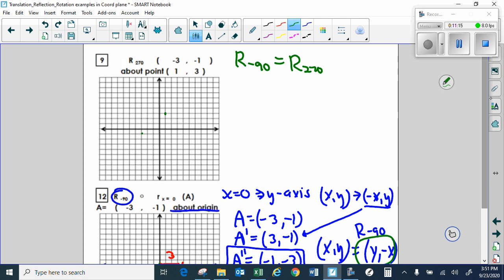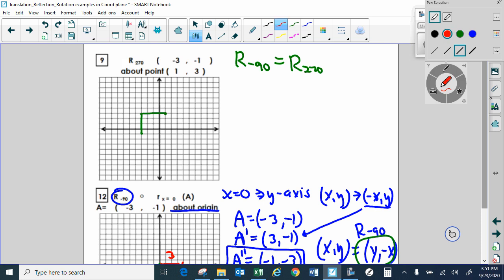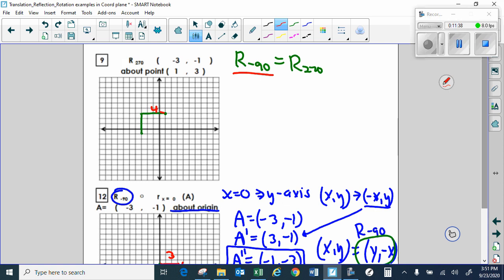Okay, so again, I'm going to go ahead and draw a horizontal out from the center of rotation, which is 1, 3, and then down until I get to the pre-image point. Now what you do is think of it in terms of -90 degrees. What direction is that? Clockwise. So this distance of 1, 2, 3, 4 is now going from horizontal to vertical. We're going clockwise. And this distance is 1, 2, 3, 4.